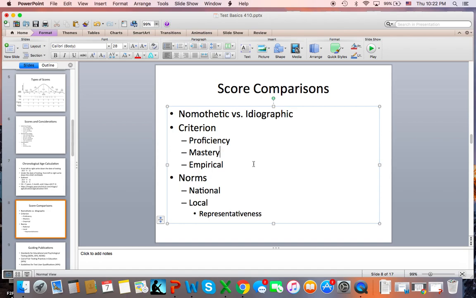And then there are empirical criterions. Empirically derived criterions are kind of like a marriage of norms-based and criterion-referenced standards. The most popular empirically derived criterion assessment that I'm aware of is something like DIBELS. With DIBELS, what they did is they gave students an oral reading fluency passage at the beginning of the year, and then at the end of the year, those students took the Iowa Basic Skills Test or the Oregon State Standards Test.